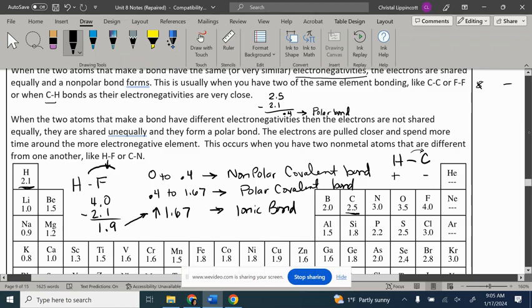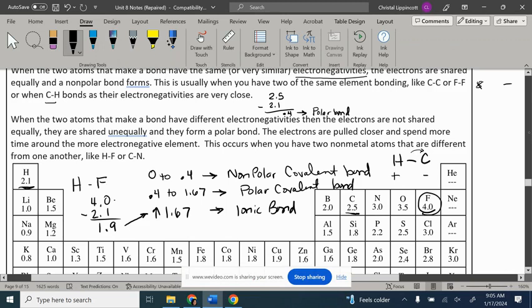Your electrons are going to be over on this side way more than over here. What are you subtracting? The electronegativities. So in the chart here, you have your fluorine and your hydrogen, and you subtract those electronegativities and look at the differences.